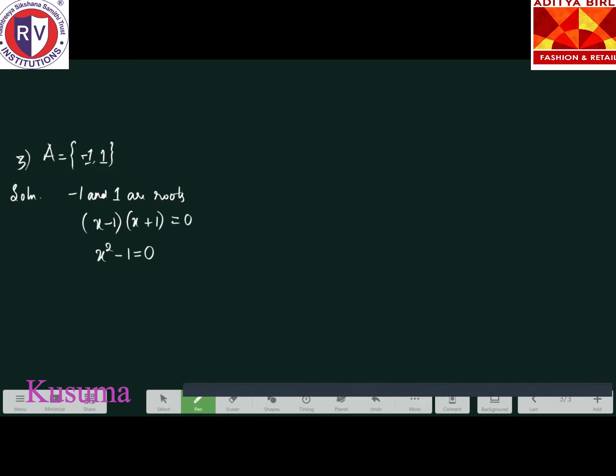That is, x square is equal to 1, right? So the numbers minus 1 and 1 are the roots of the equation x square is equal to 1. Therefore, the right option will be option D here. That is the set of all x where x is a root of the equation x square is equal to 1. Therefore, your answer will be option D.